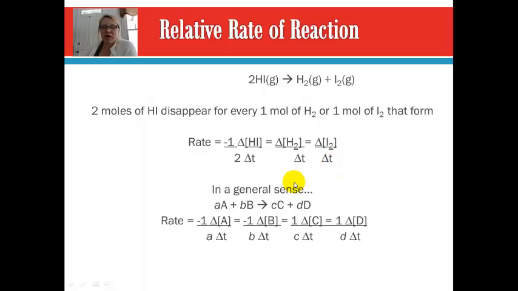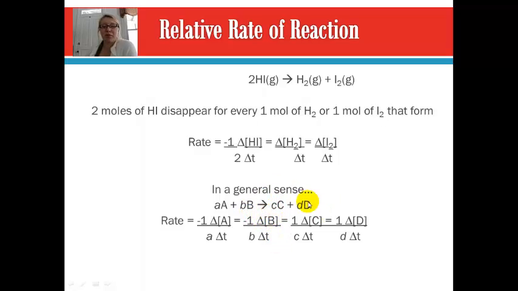So in general, if your reaction looks like this, where the little letters are the coefficients and the big letters are your reactants and products, the rate is going to be equal to negative 1 over little a, because that's the coefficient here, just like 2 was in this reaction, times the change in concentration of A over time, which is equal to negative 1 over b, which is the coefficient here, times the change in concentration of B over time.